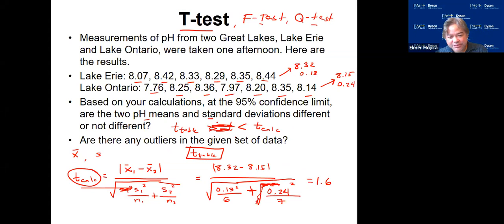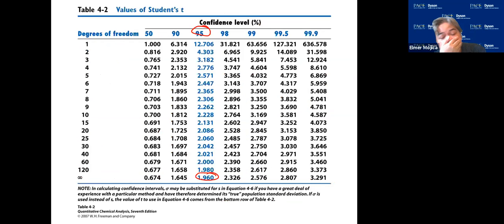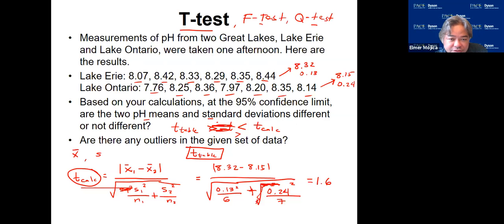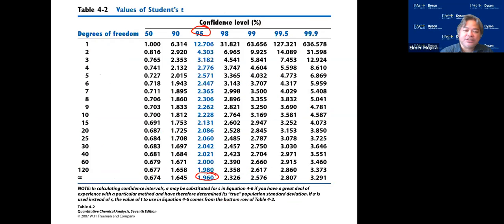However, if the t-table is greater than the t-calc, then it's not significantly different. So this is the value that you're going to compare it with. Now the question is which values are we going to use here? Okay, 95% confidence interval. So which one here are we going to use?